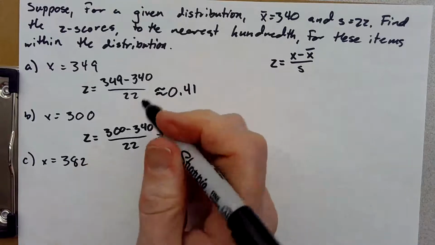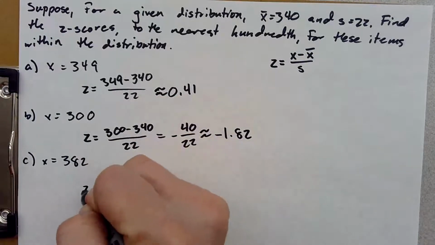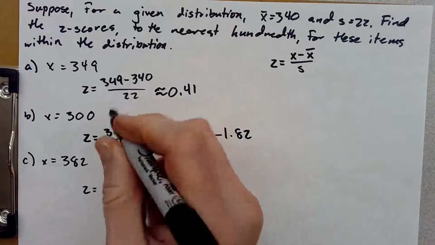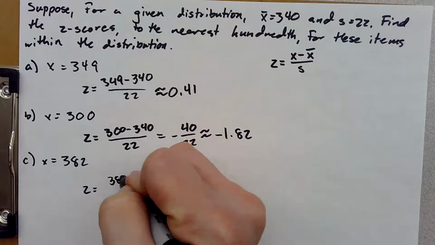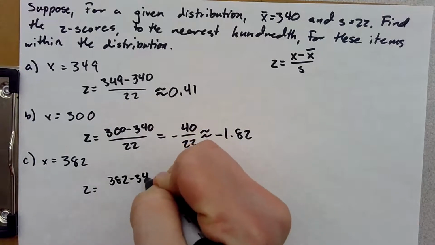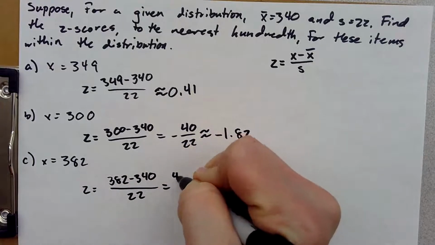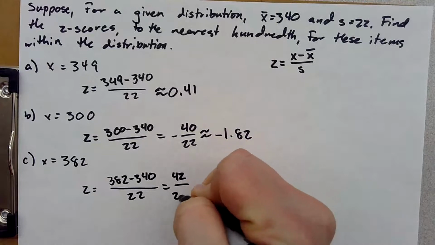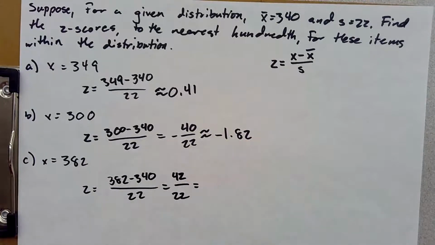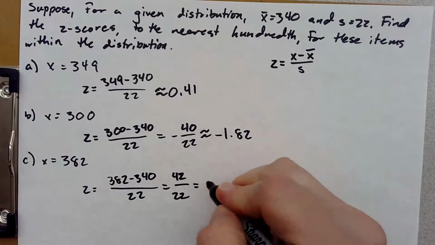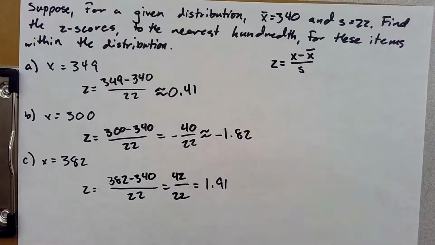For x equals 382, z equals 382 minus 340 over 22, which gives us 42 over 22, which is about 1.91.